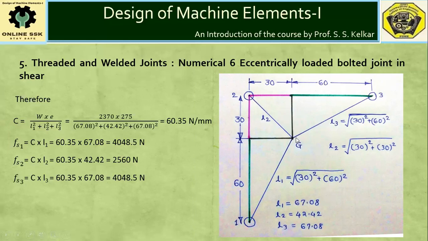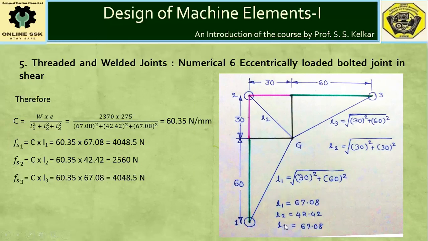Now this L2, the distance of bolt number 2 from the CG. If we consider this right angle triangle, its base is 30, height is 30, hypotenuse L2 is equal to the root of 30 square plus 30 square. So L2 is equal to 42.42.